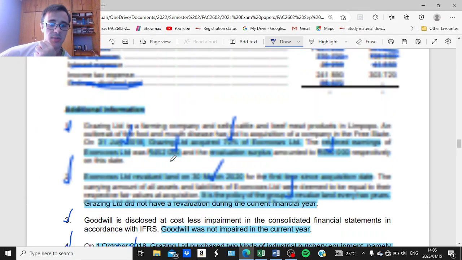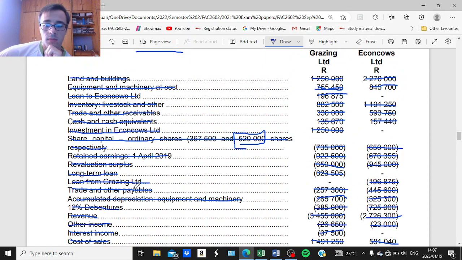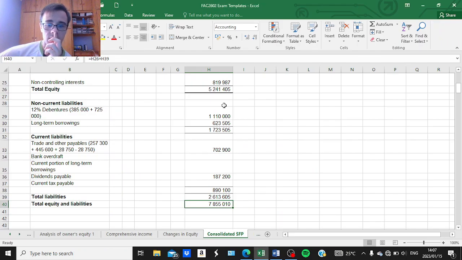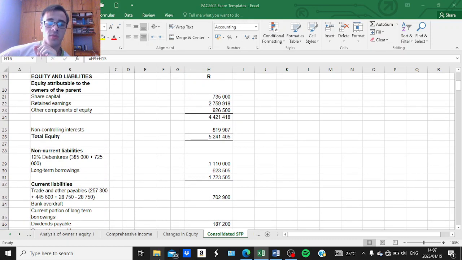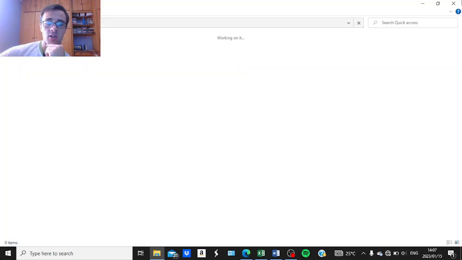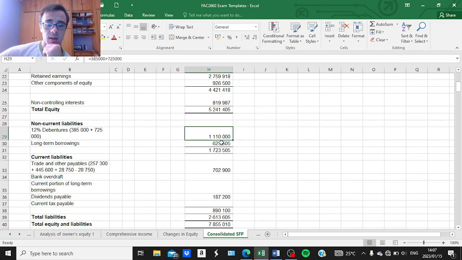Okay, let me just make sure that I've entered everything correctly, because this is the correct amount for the asset section. Let me just go to my set of suggested solutions. Oh, it's this amount right here. I've calculated non-current liabilities incorrectly. Let me just correct this.